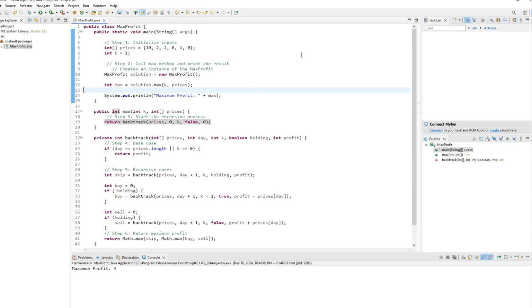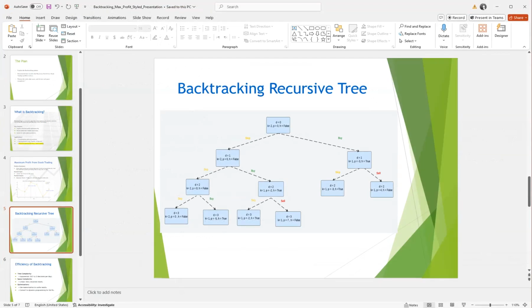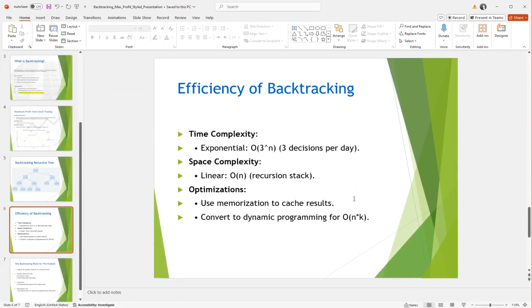Cool. That's the code. So let's go back to our presentation. As you have seen, the efficiency is exponential in terms of time complexity. We are choosing 3 decisions per day, so every time we increase the number of decisions, the time complexity will increase.